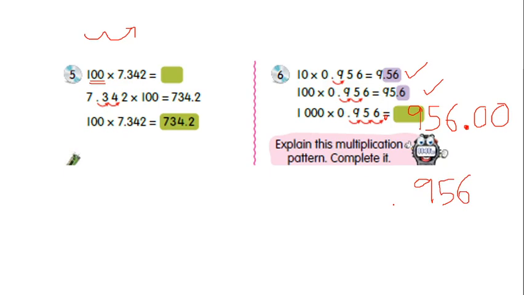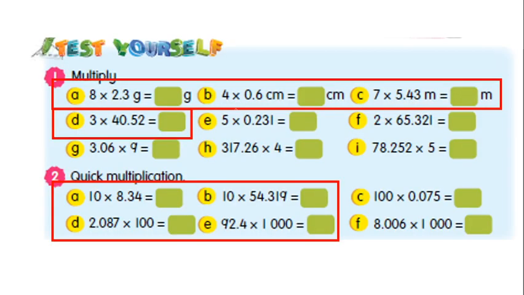Okay, so that is the answer, right? So you can use this when you want to multiply a decimal by 10, 100 or 1000, but make sure you get the shifting process correct, right?